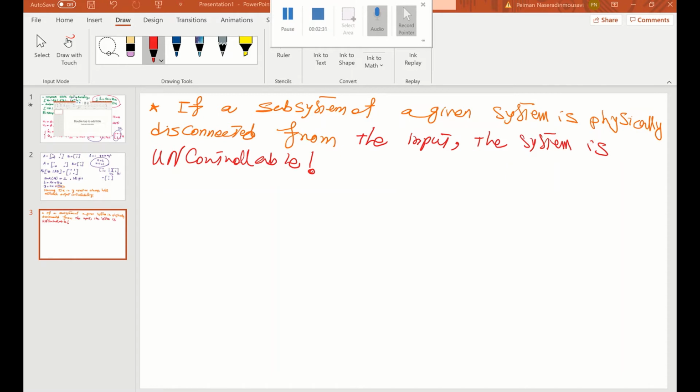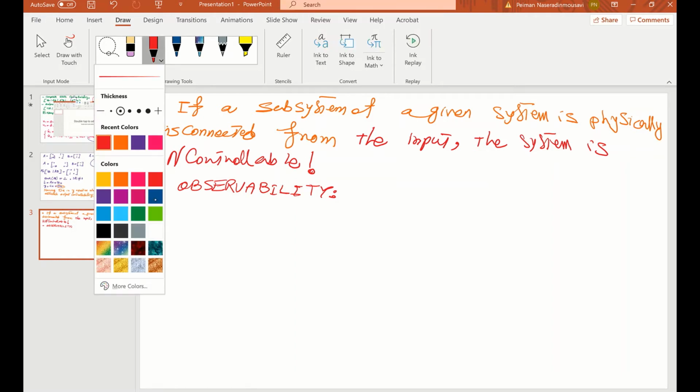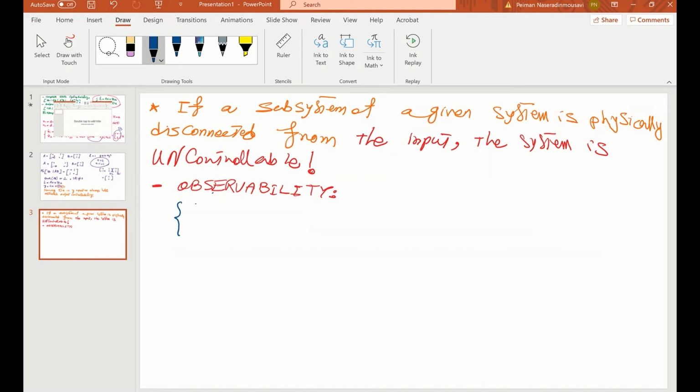Okay. Now let's go after this to observability. Suppose you have this system, guys. X dot is equal to AX, an LTI system. Y, the output, is CX, and this is an unforced system. There is no control input.